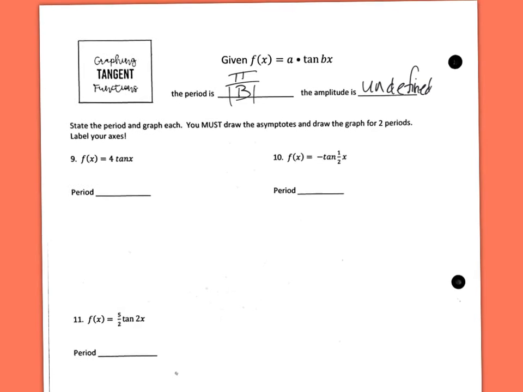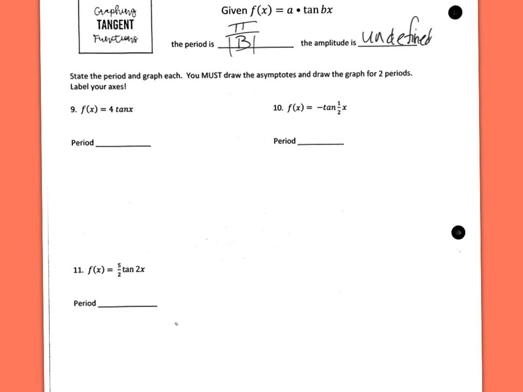I'm not trying to fool you into thinking you're supposed to write that down, but that's not to say you won't be asked for it. Sometimes when we put them all together, the questions are all the same. So you have to remember to write undefined, not possible, not there, NA, something that indicates that you know that there isn't one. Please don't write 0. 0 is a value, and we don't want to do 0. So you could write none, for example.